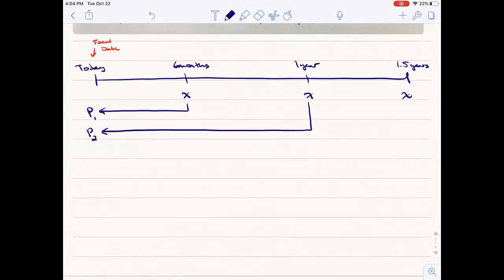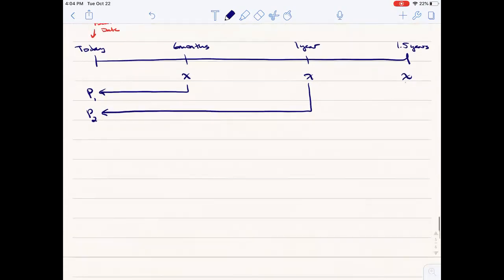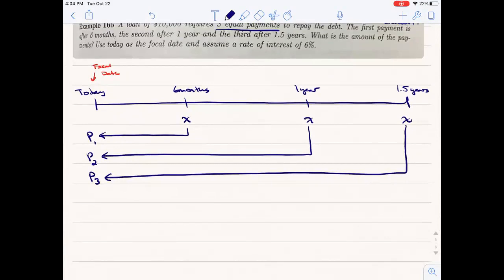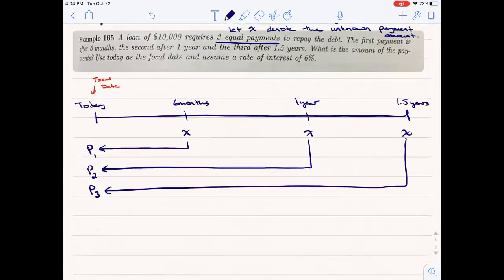Remember, I'm pulling these arrows backwards, so I'm calculating P at the end. And same thing with this last X, also getting pulled back to a P3. Now, what we do know is that the sum of all these has to be the $10,000 that I borrowed.